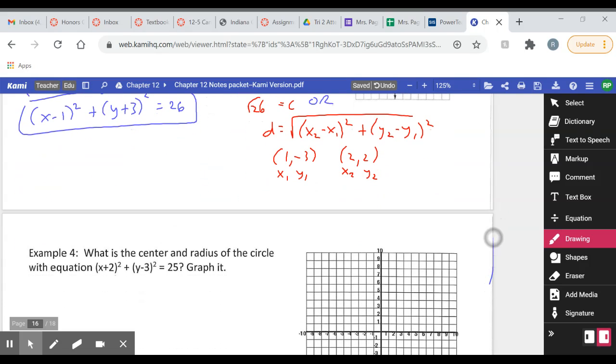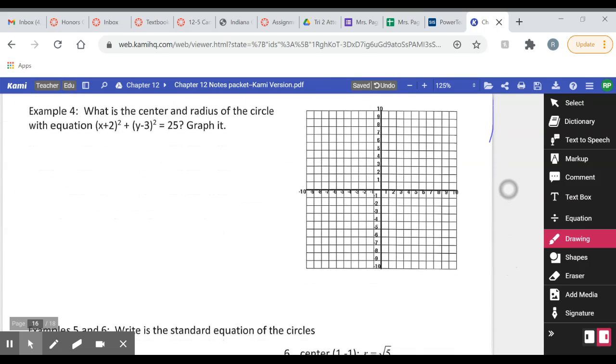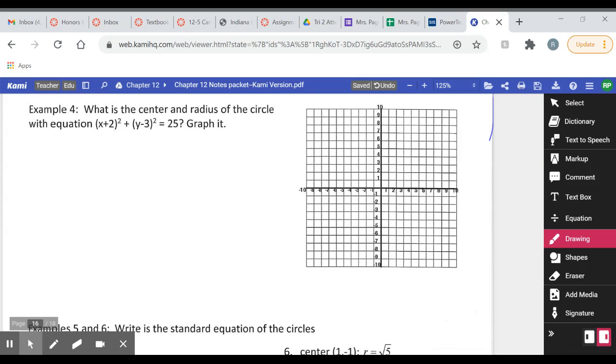Okay. All right, next up they're wanting us to graph. So it says, what is the center and radius of a circle with the equation x plus 2 squared plus y minus 3 squared is equal to 25, and then they want us to graph it. So again, the center is going to be my h, k.